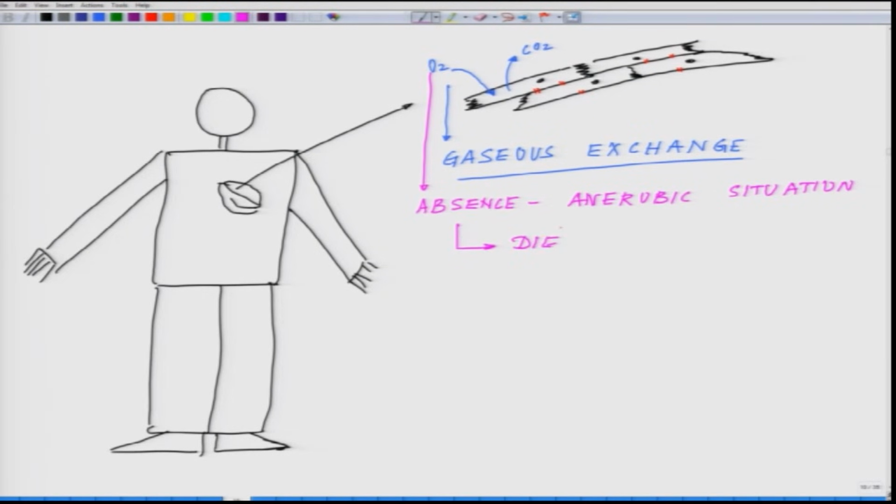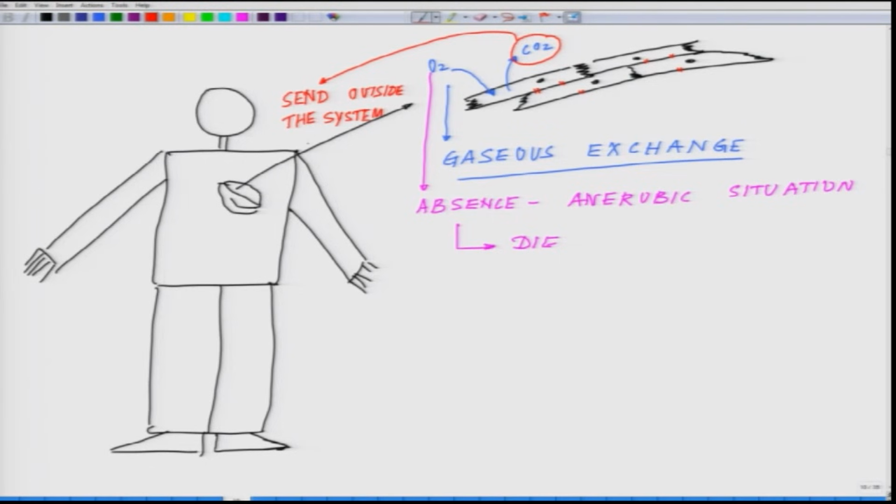Okay. So, they need sufficient oxygen, and not only that, this carbon dioxide which is produced here has to be sent outside the system.